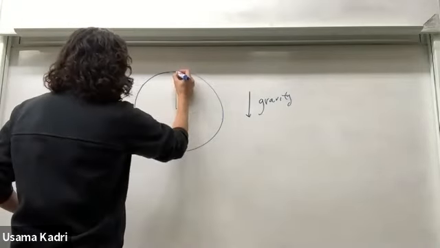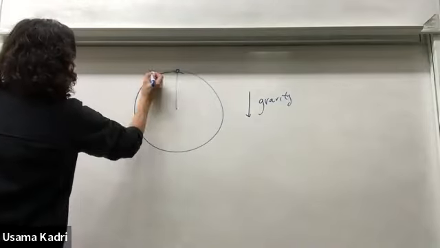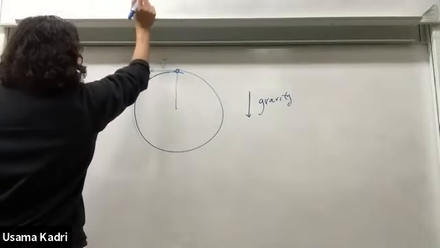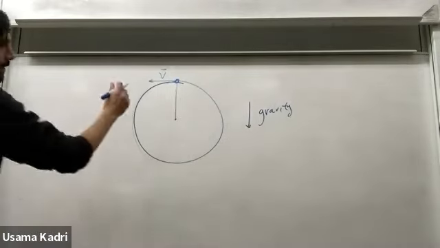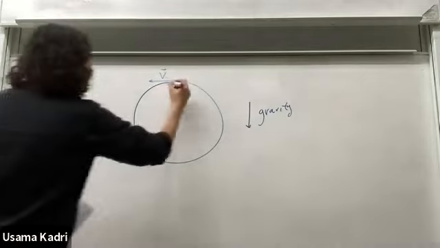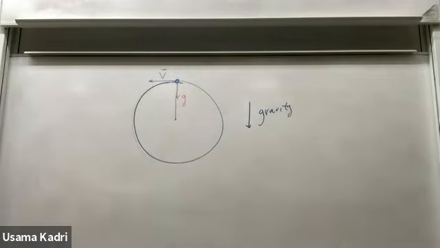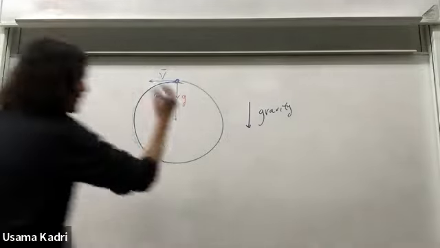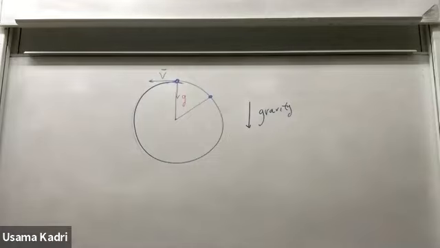that when the object is exactly vertical, right? So the velocity vector is there. And gravity is acting on this object all the time. And you put one more position just to make things more clear.